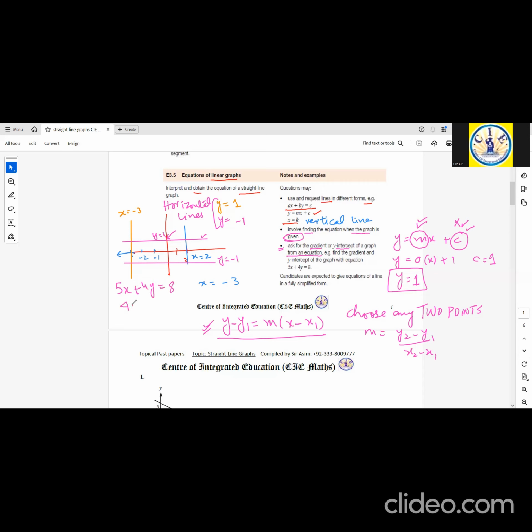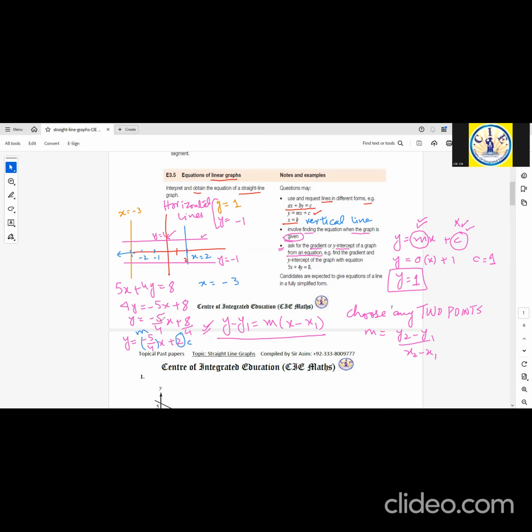It can be simplified to 4y is equal to negative 5x plus 8, and then y is equal to negative 5 by 4 x plus 8 by 4. So this can further be simplified to give negative 5 by 4x plus 2. So the y-intercept is 2. This is the value of C and this is the value of M, negative 5 by 4.